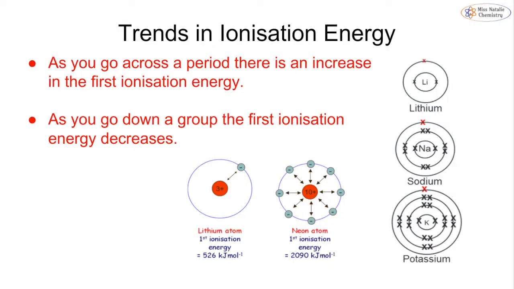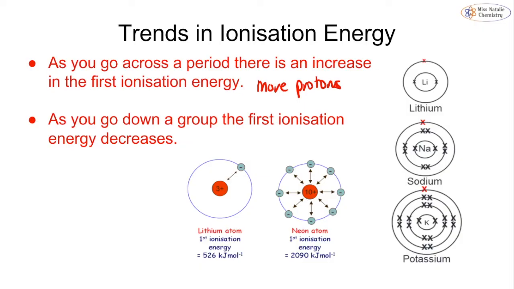Just very briefly going to mention the trends in the ionization energy. As I've said multiple times now, we will go into this detail in topic 2b. As we go across the period, there is an increase in the first ionization energy, and that is because we have more protons in the nucleus, meaning the electrons are going to be more tightly attracted and tightly held to the nucleus.